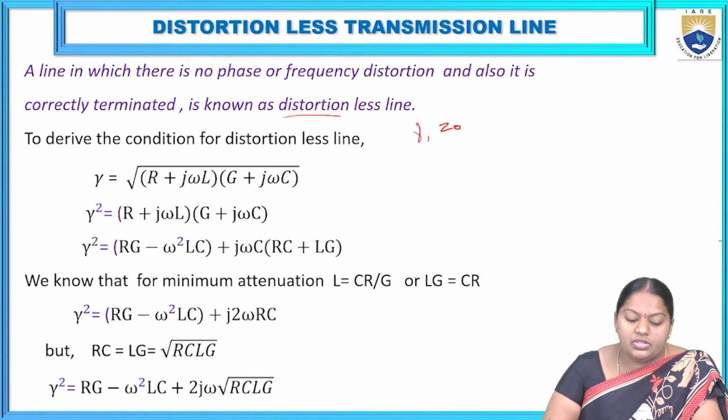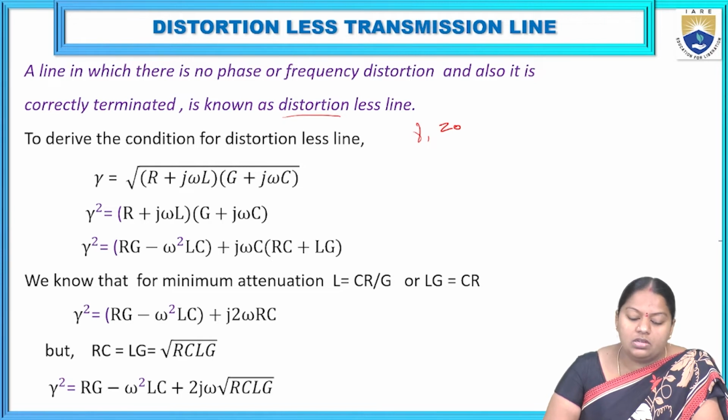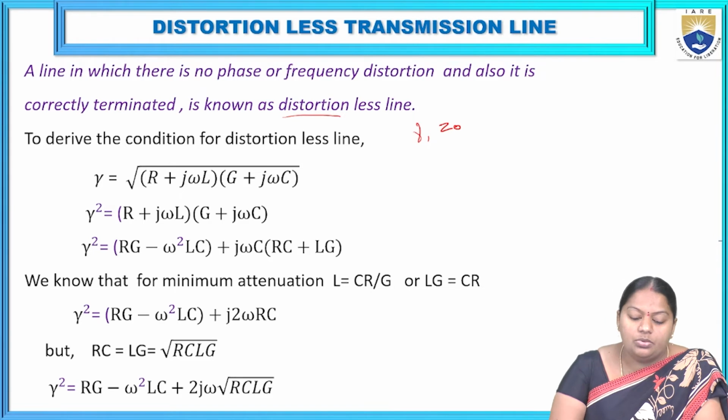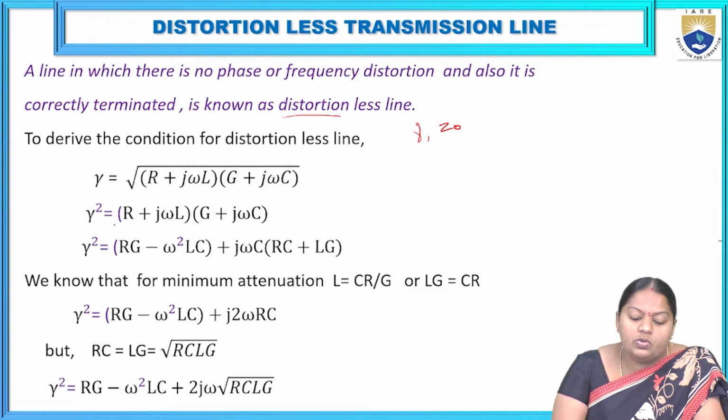To derive the condition for the distortionless line, first we consider gamma. Gamma in general is expressed in terms of all the primary constants as root over (R plus j omega L) into (G plus j omega C). Now we can separate the real and imaginary terms by squaring on both sides.